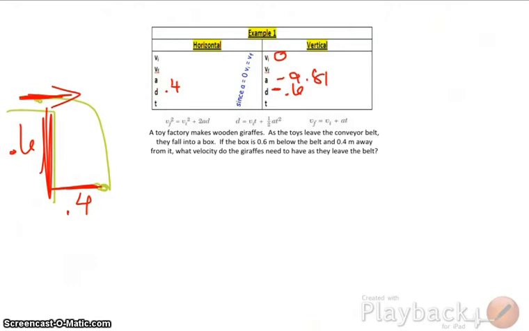Now, we're looking for our initial horizontal velocity because we're looking for the velocity that the draft needs to leave the belt with. That means we need to know 3 things over here because we want to know 1.